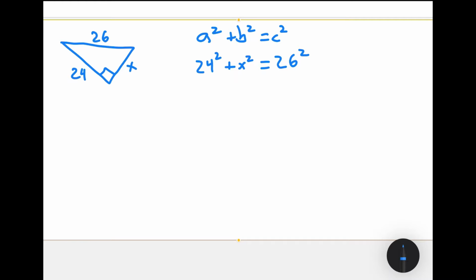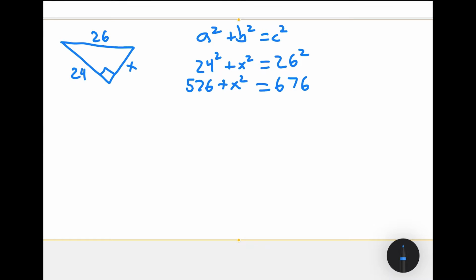24 squared is like saying 24 times 24. That's 576 plus x squared is equal to 26 squared, which gives me 676.